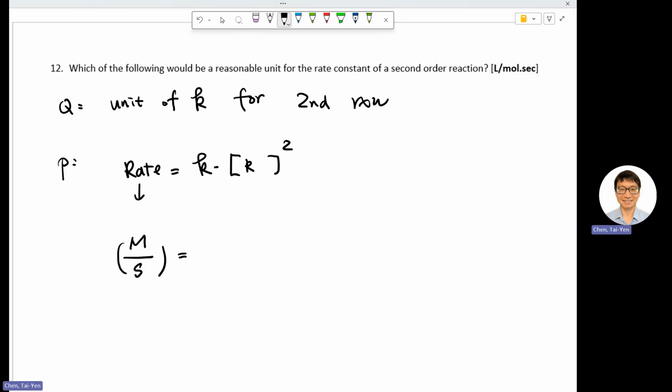That is going to equal the unit of your K times your reactant concentration to the second power, and concentration has a unit of molarity to the second power. So you can divide out molarity squared on both sides. Therefore, you know your K is going to have this unit.